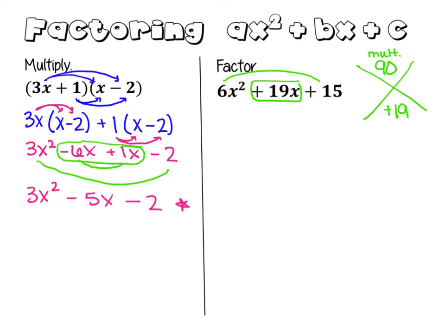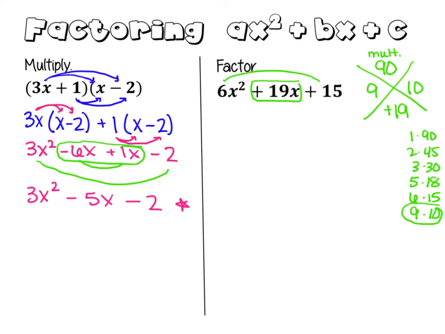Well, anytime you're stuck, you can always make a list if it doesn't jump out in your head right away. 1 times 90, 2 times 45, 3 times 30, 4 doesn't work, 5 times 18, 6 times 15, 7 doesn't work, 8 doesn't work, 9 times 10, and then 10 would be the next one, but it's already there. Which ones add up to 19? Oh, 9 and 10 add up to 19.